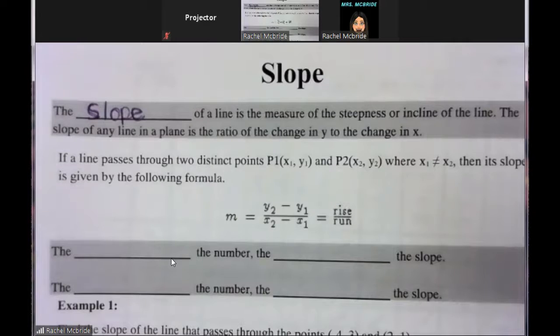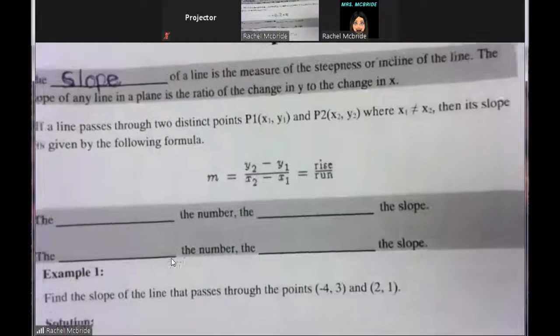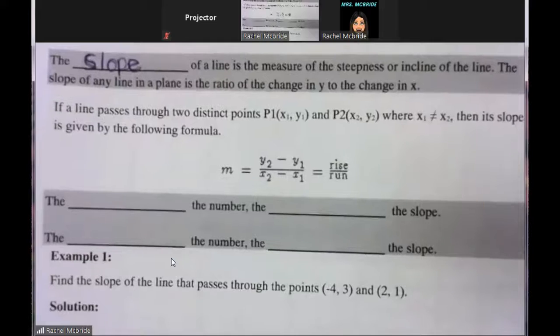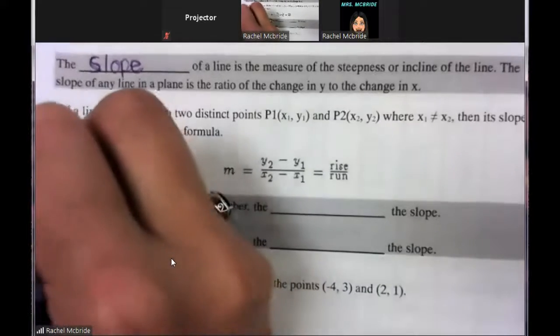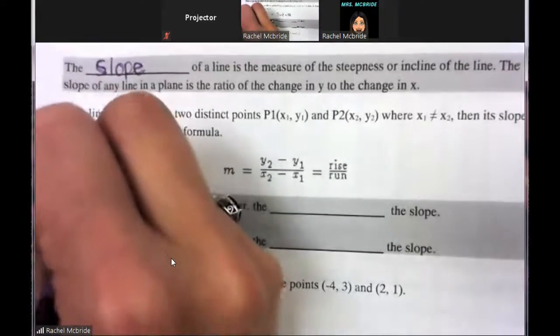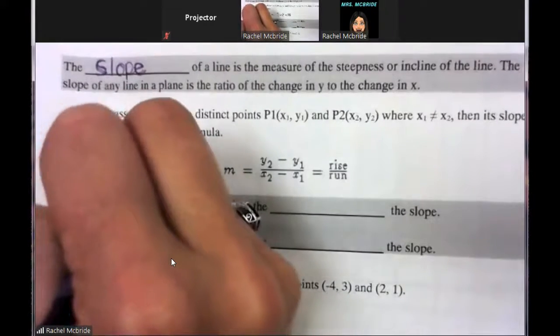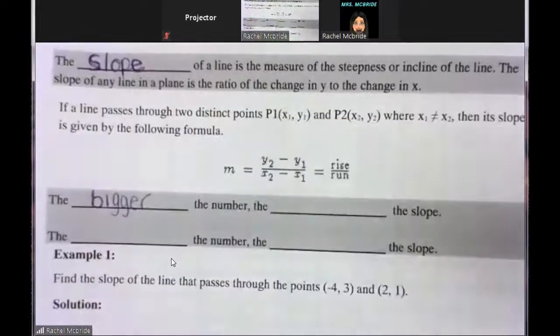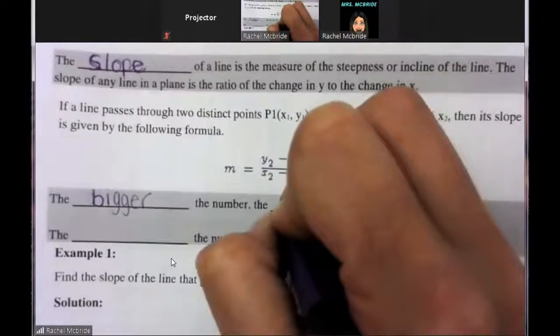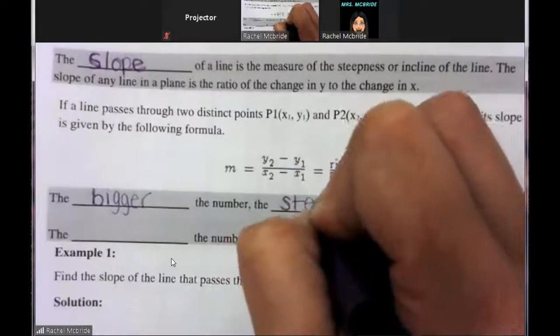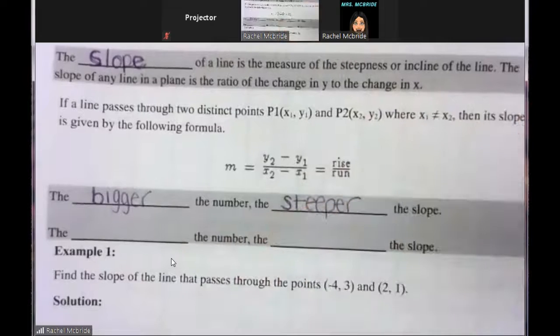So for those blanks, we're talking about the increasing or decreasing. So we want to talk about like the steepness. So if the number is positive, then the slope is increasing. So we can also say the bigger the number, the steeper the slope.